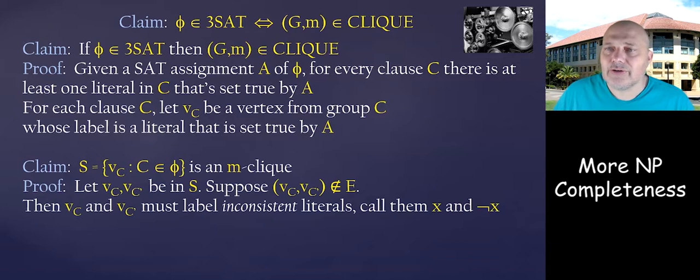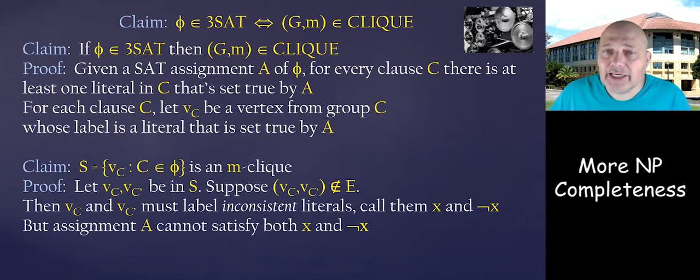It means that they correspond to some inconsistent literals, let's say x and not x. But then the assignment A cannot satisfy both x and not x, and therefore this is a contradiction.